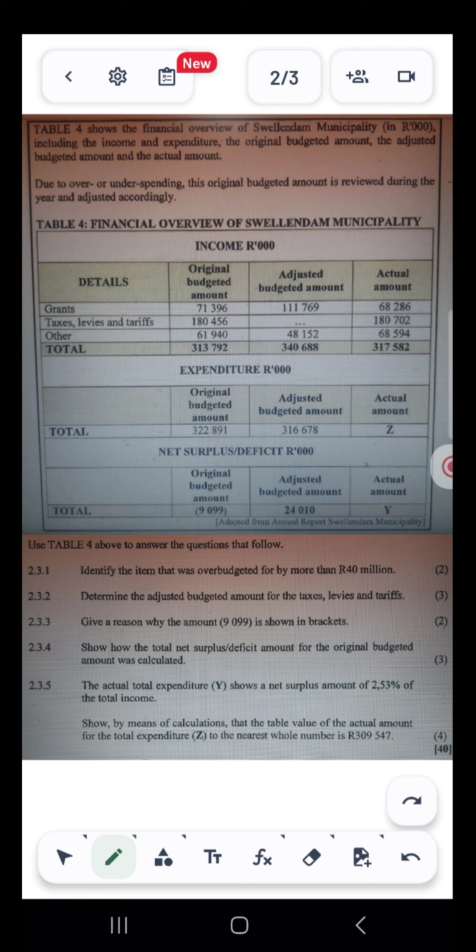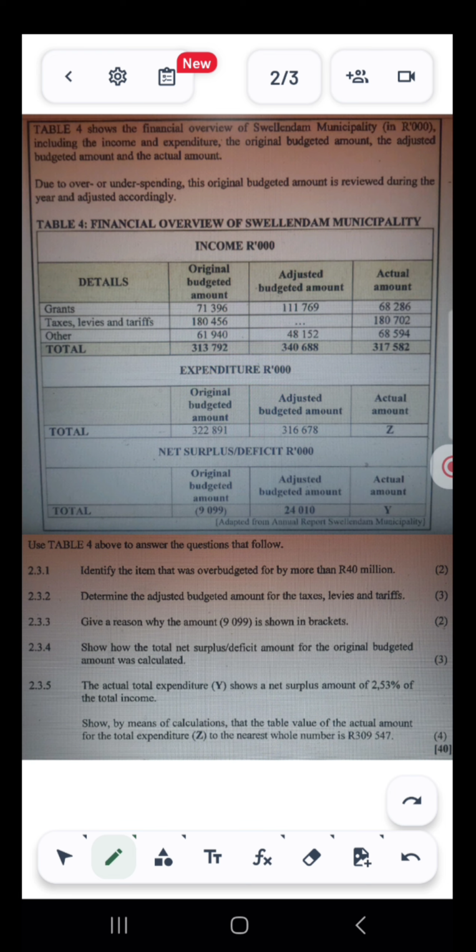Now when you look at my total, original, adjusted, and the actual, we see the original was 213 million, adjusted was 240 million, and then the actual was 270 million. Now that's the income of the municipality, right? And then the expenditure, same thing.